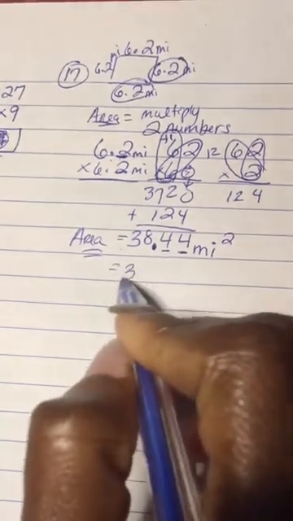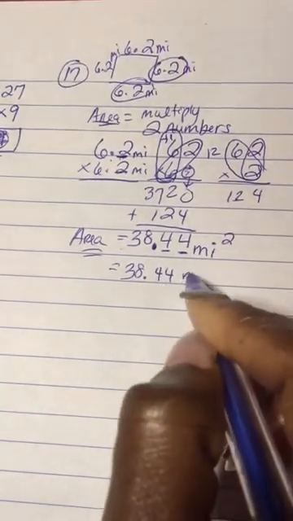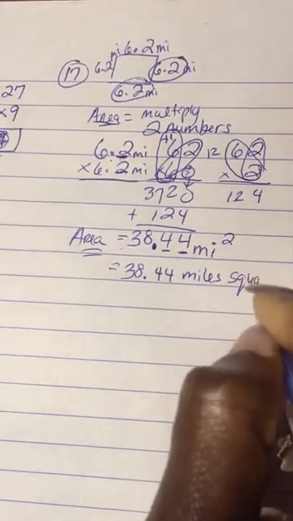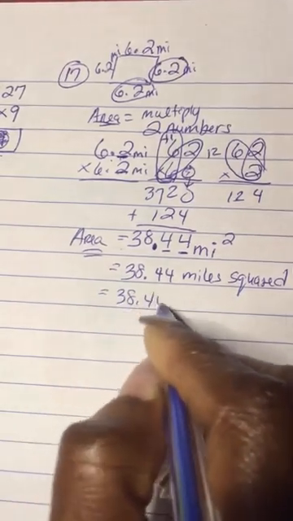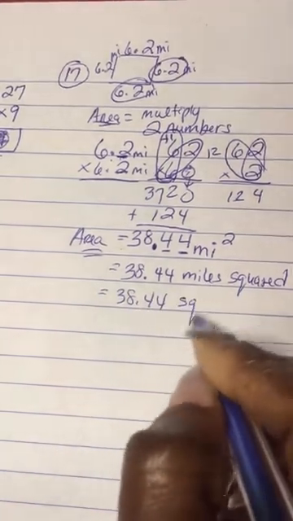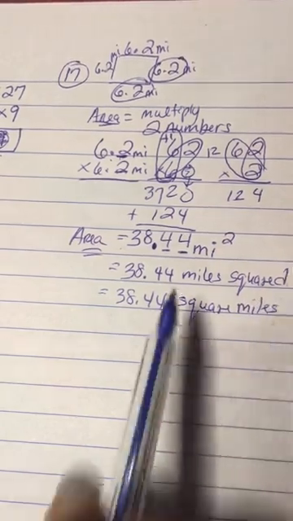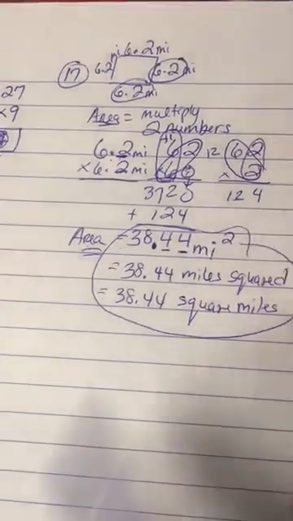So you can put 38.44 miles squared, or you can actually write out the words miles squared, or it's also written square miles. You just have to remember that squared only goes with area. So all of these are correct.